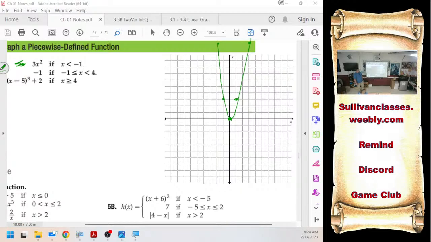Okay, only when x is less than -1. So at -1, do I put an open circle or a closed circle? Okay, so I'm going to put an open circle when x equals -1, and then I'll follow that graph. And everything else can nicely get out of there. Okay, here, you get out of here too.